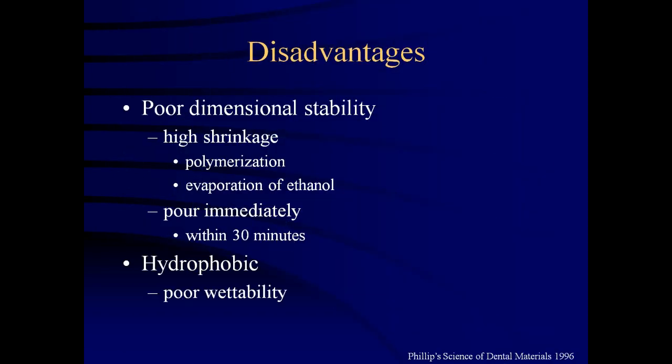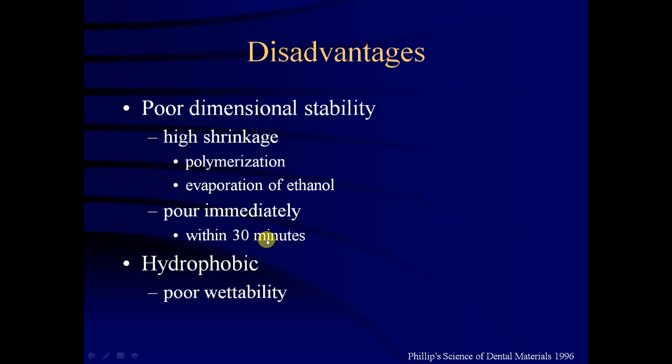Coming on to the disadvantages, it has poor dimensional stability and leads to distortion, as with polysulfide. It has high shrinkage, due to polymerization and evaporation of ethanol. You have to pour the cast immediately, within 30 minutes.